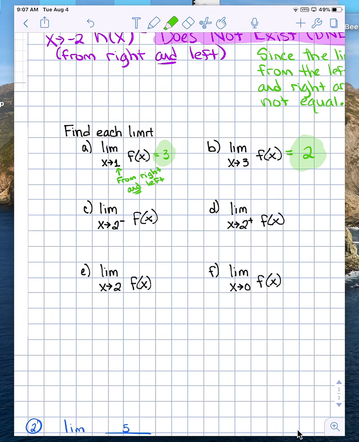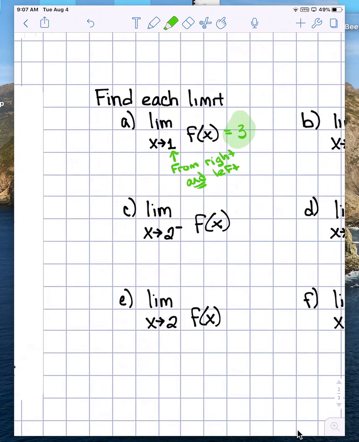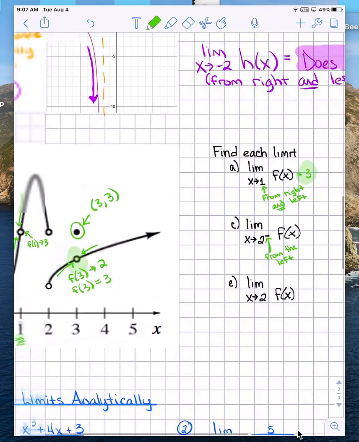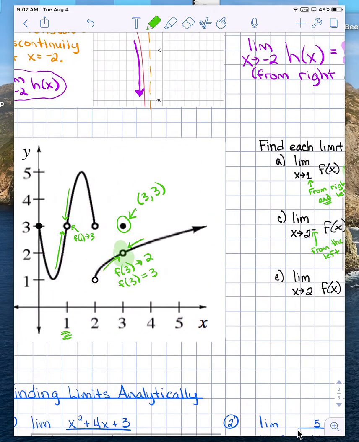All right, let's look at some one-sided limits. Remember, this is saying that we are approaching 2 from the left. So that means the smaller values to the left of 2. Let's go take a look at the graph, see what that looks like. So here's when x is equal to 2. And we're looking at as we approach on the function from the left side of 2.